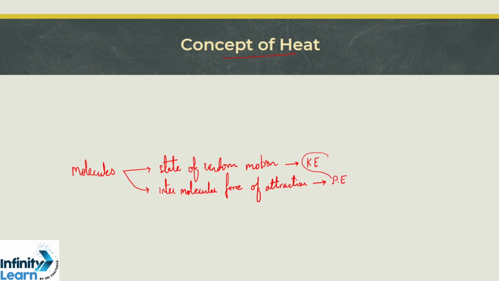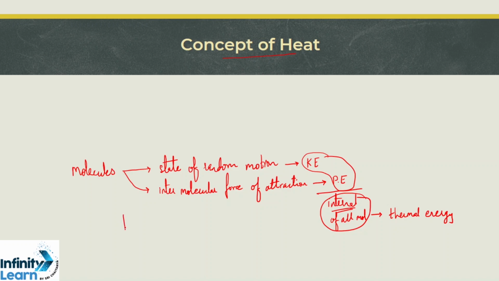Now, if we add up these two energies of a particular molecule, that is nothing but the internal energy of a single molecule. And likewise, we have so many molecules in a particular substance, and if I add internal energies of all the molecules, then it is called the thermal energy of the substance.